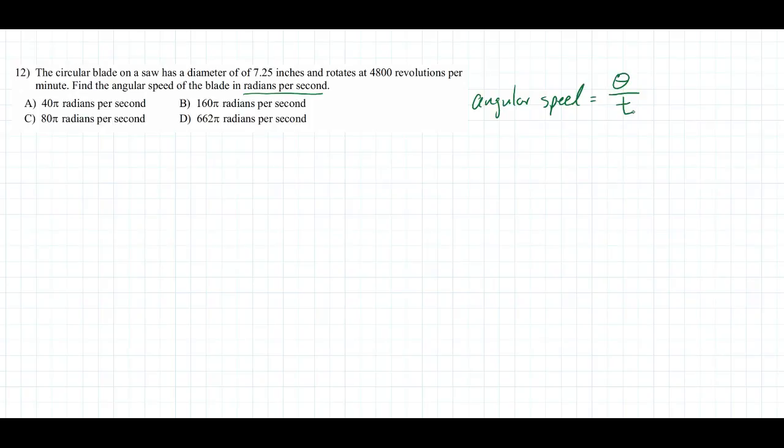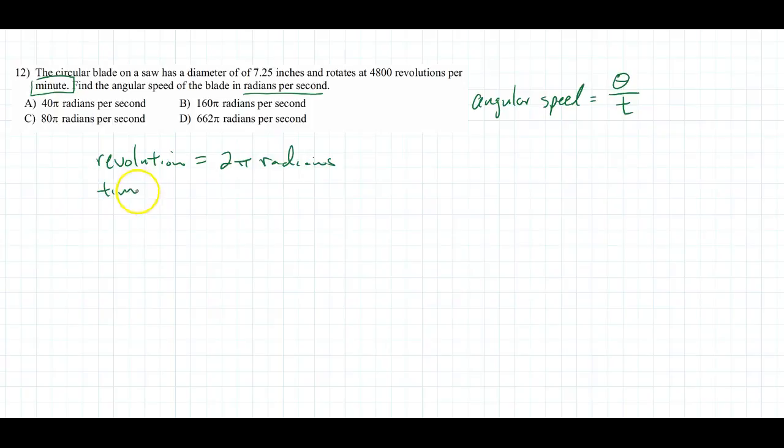Okay. So we know how long it took us to do that. It took us 1 minute to go 4,800 revolutions. Well, how long is a revolution? On a circle, a revolution is always going to be 2 pi radians.